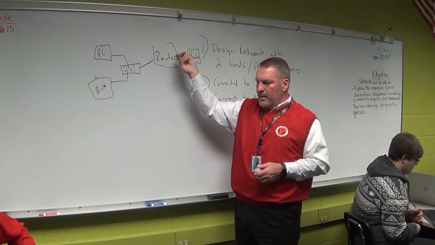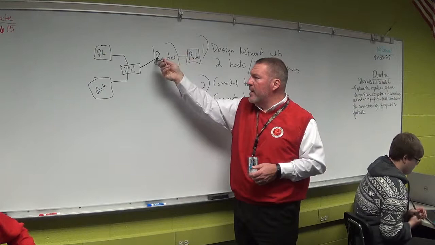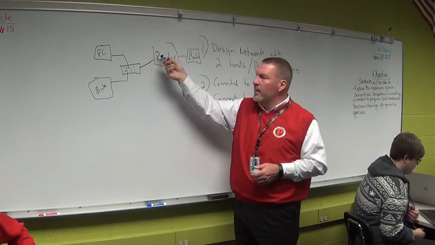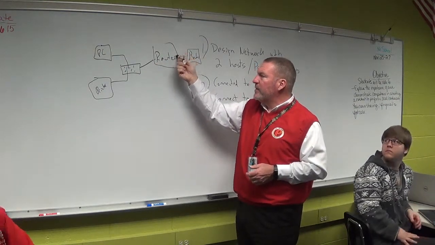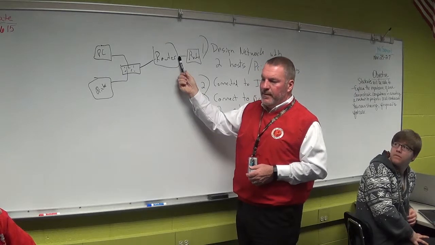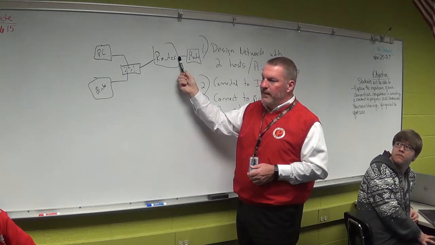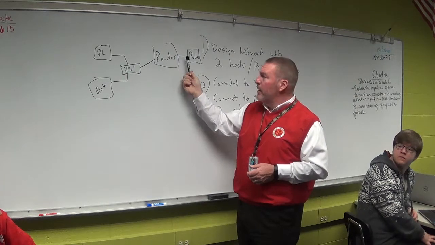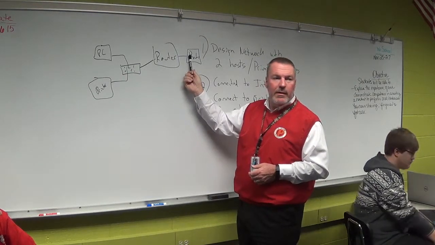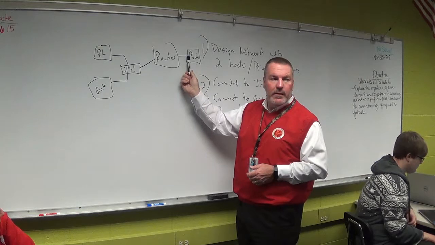Quinn? It'll be a different network than this one. Okay? This IP address needs to be on the same network as what? As the IP address of what in this drawing? The other router. This interface on this router. These need to be on the same network.